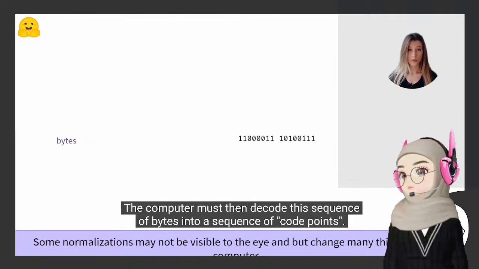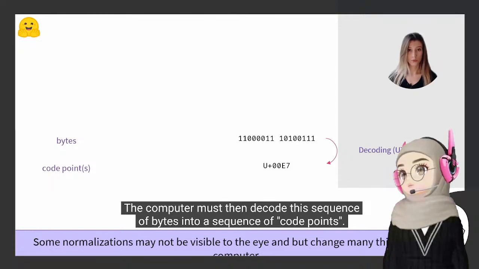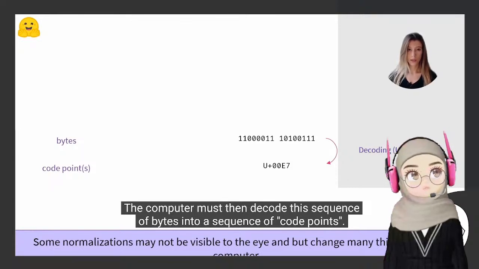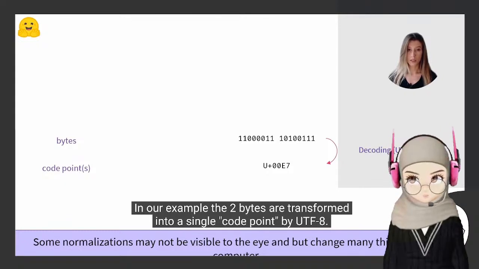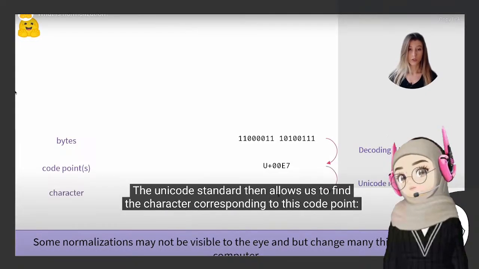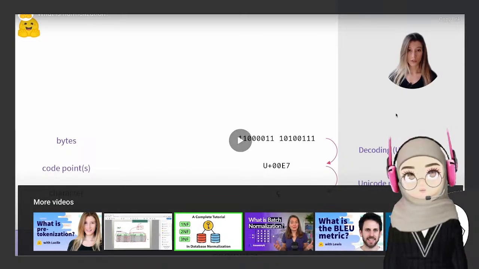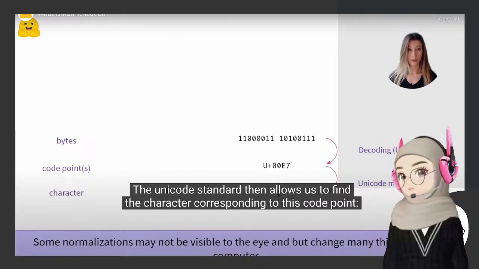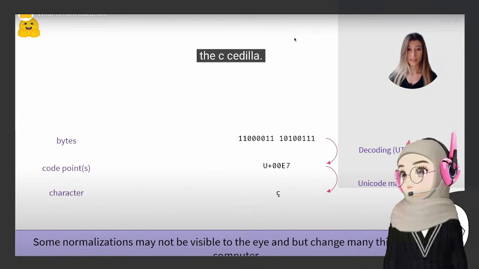The computer must then decode this sequence of bytes into a sequence of code points. In our example, the 2 bytes are decoded using UTF-8 into a single code point. The Unicode standard then allows us to find the character corresponding to this code point, the c-cedilla.